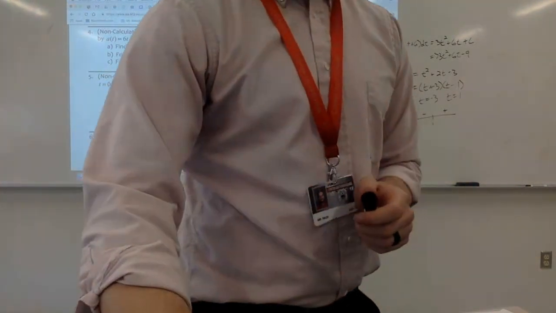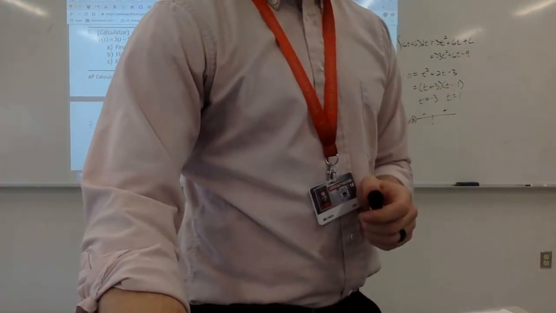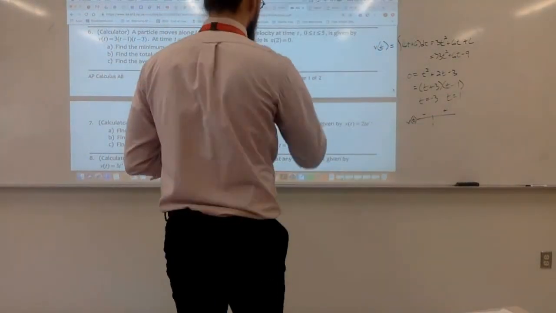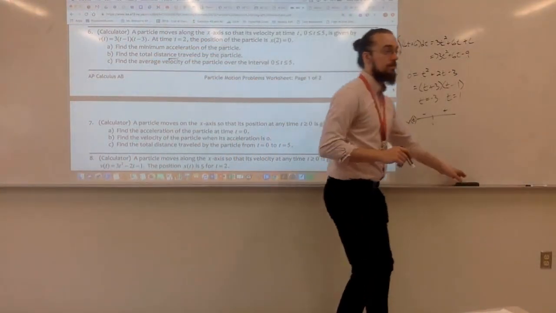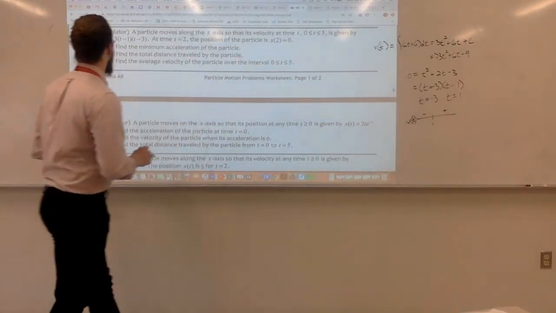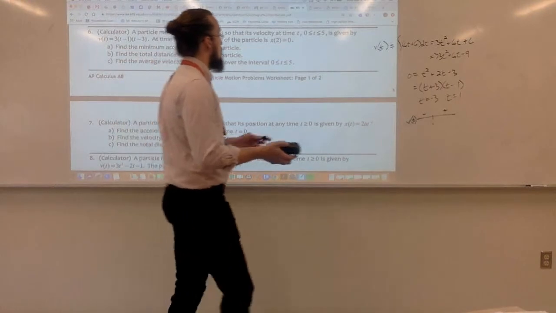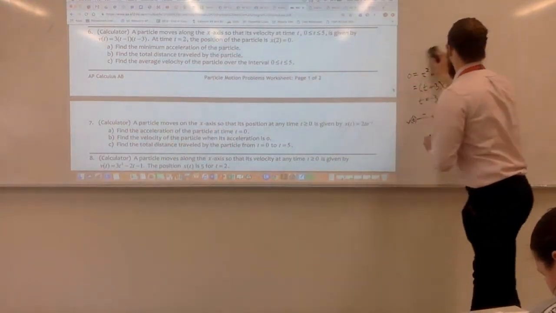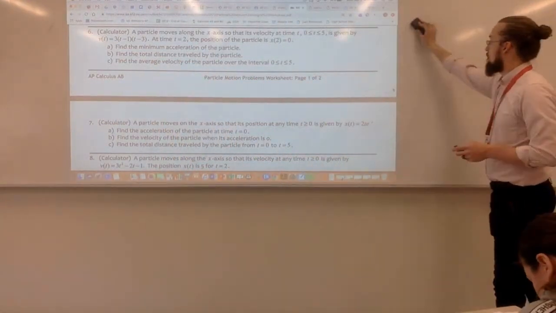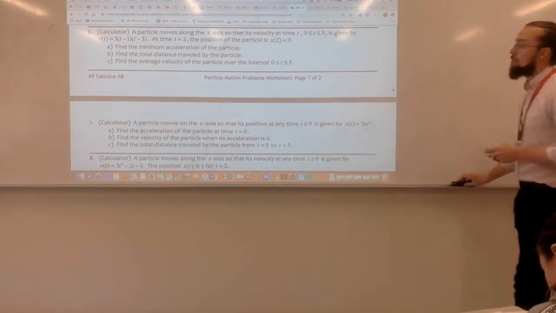All right. 6A. What I did is graph it and found the minimum point on the graph, but I don't know if that's the right thing to do. Because it's really slow changes from positive to negative.